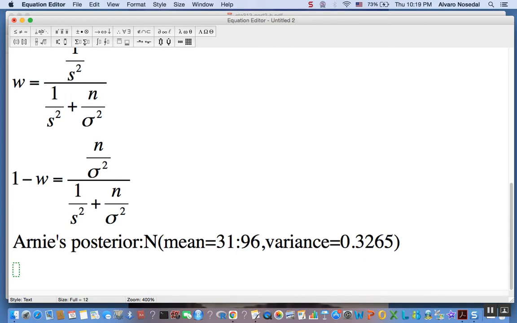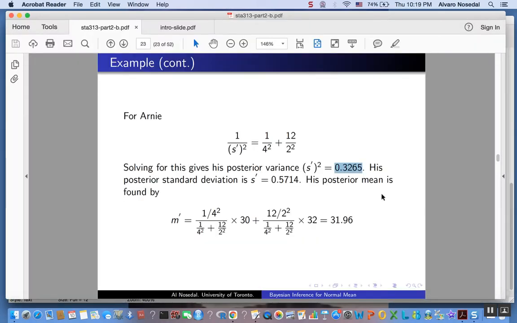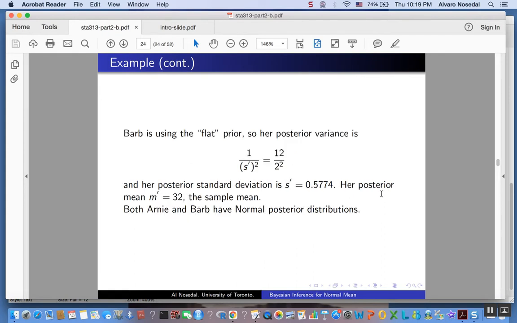Okay, so we are going to have something similar for Barb's posterior. It's going to be normal, but since she considered a different prior, we are going to have different parameters for that posterior. So she considered a flat prior, but we know that our updating rules still apply for that kind of prior, for that flat improper prior.